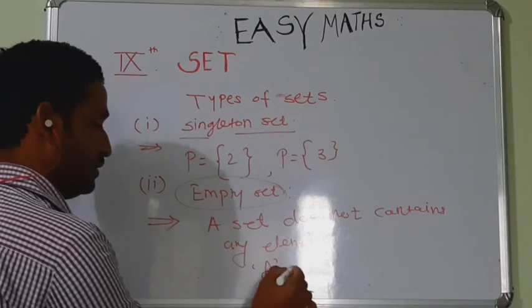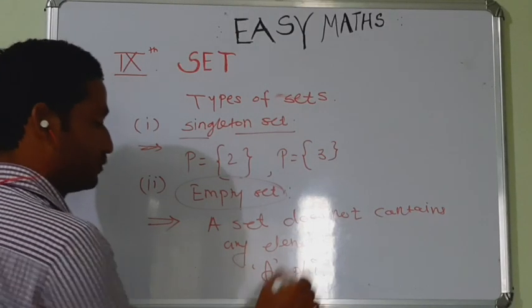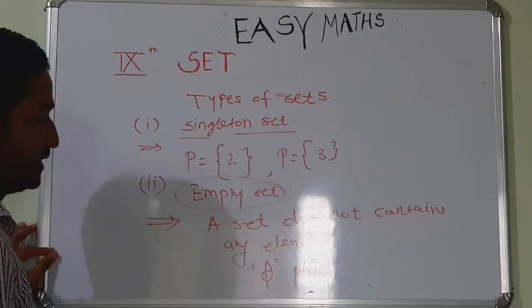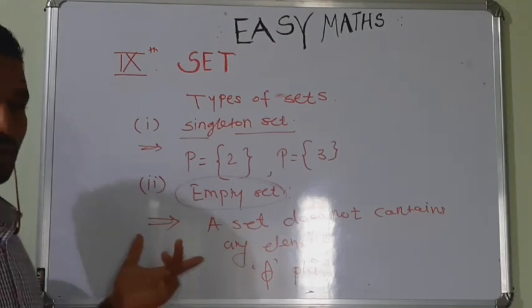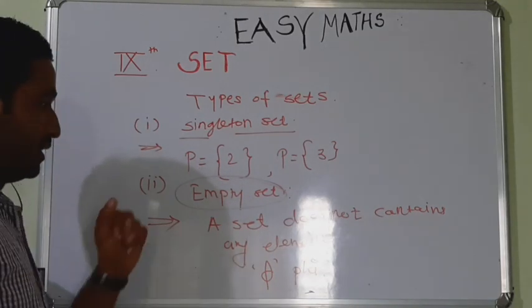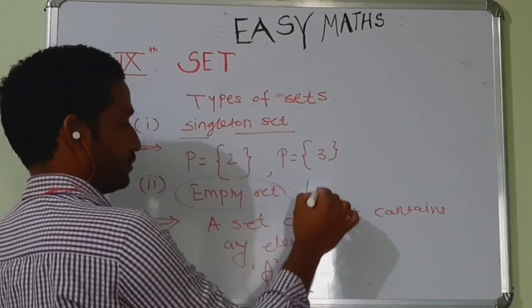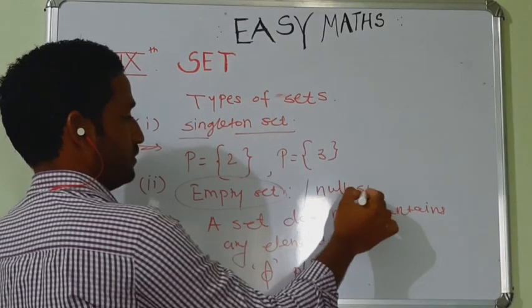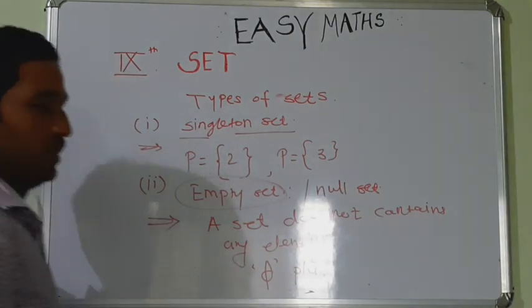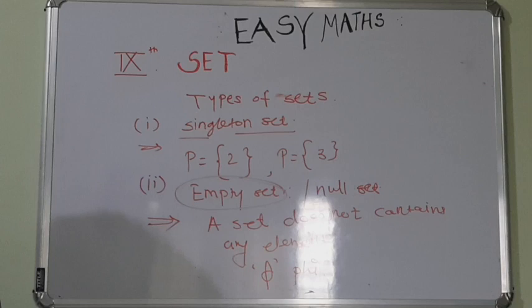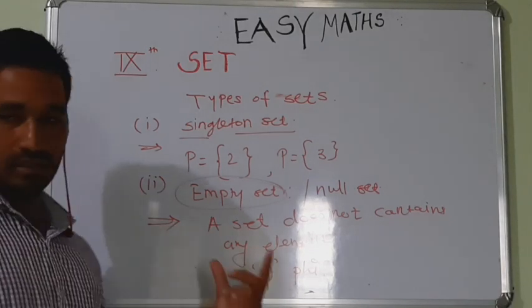Got it? This is called phi. An empty set, a set that does not contain any element, is also called a null set, or it can be represented by the Greek letter phi.